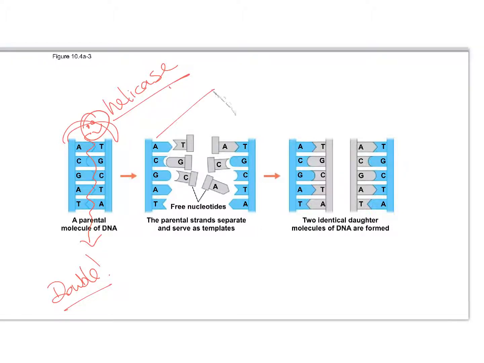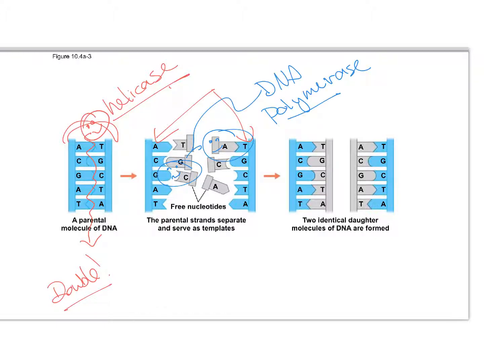After it's split into two, what happens next is we're able to use DNA polymerase, right? These two enzymes are called DNA polymerase. Notice the A's. That's how you know they're enzymes. So it's going to make a polymer of DNA, right?